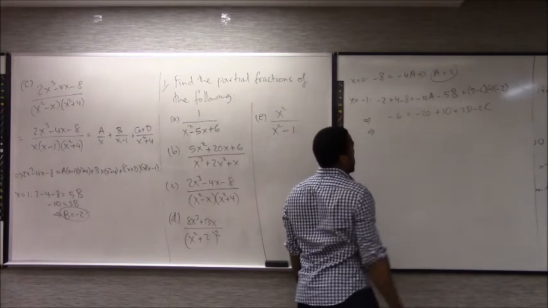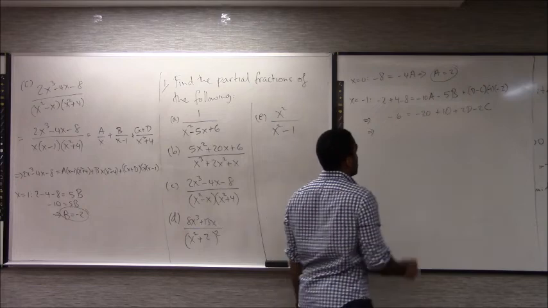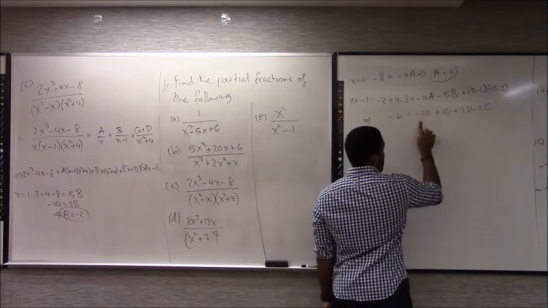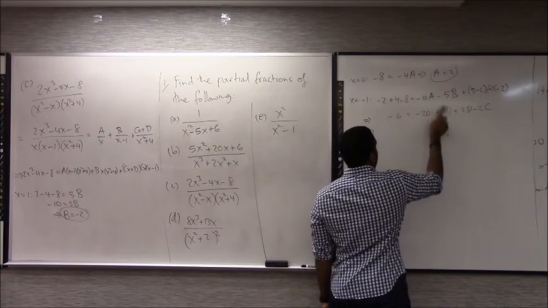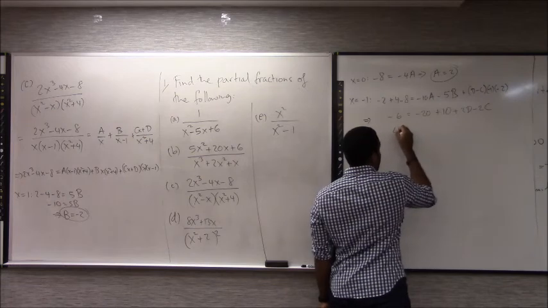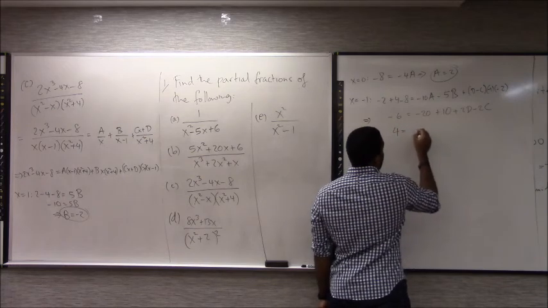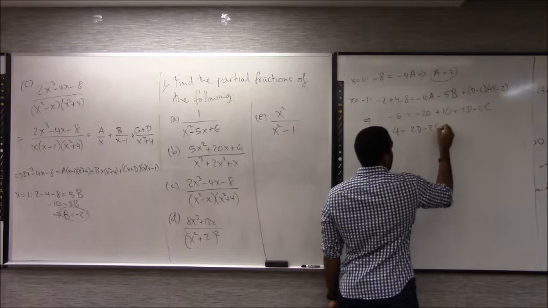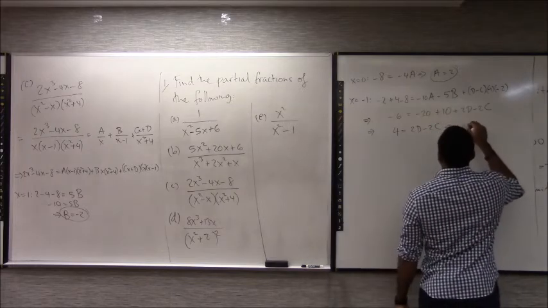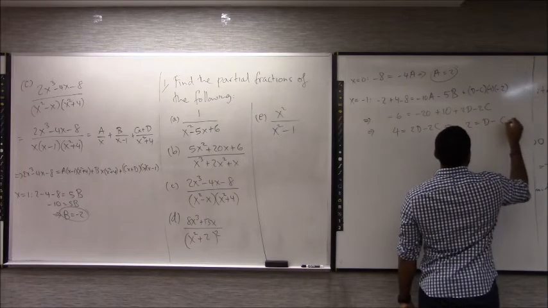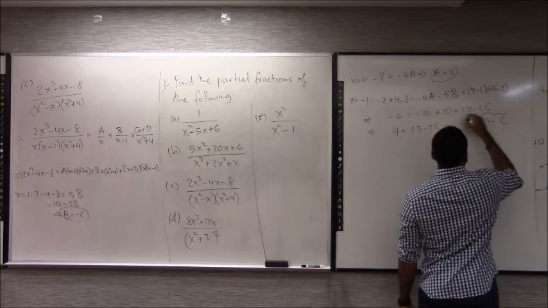And so this gives us minus 10, go over here, it becomes plus 10, so that becomes positive 4. I get 2d minus 2c, or I get that 2 is equal to d minus c, and I will file that away.